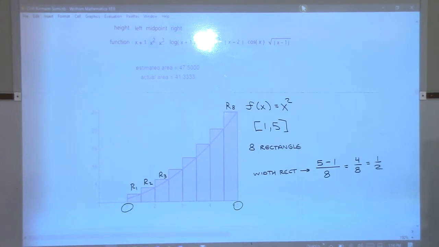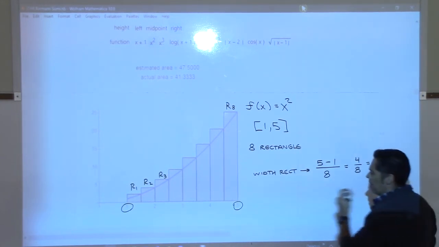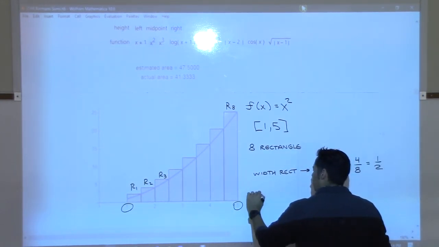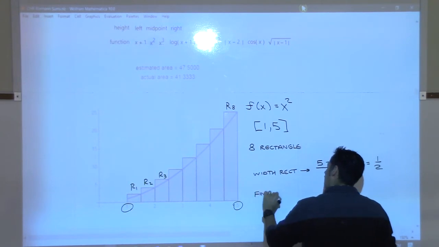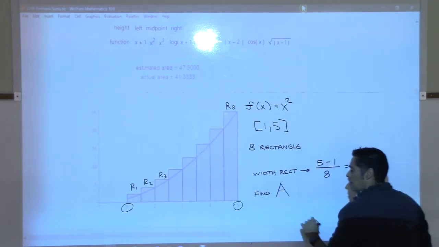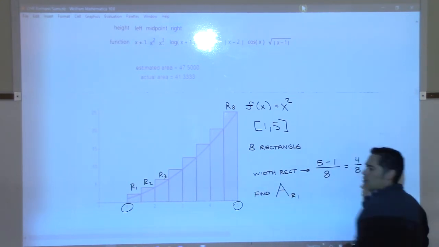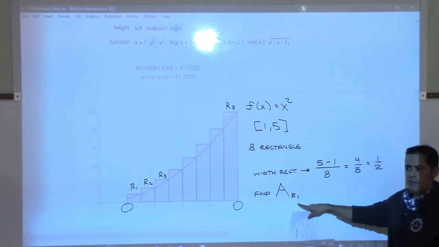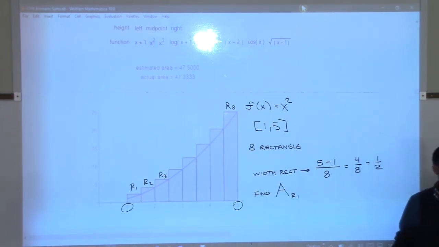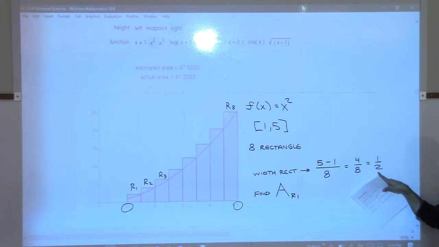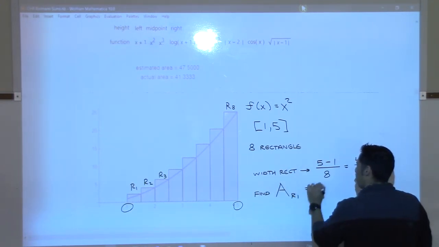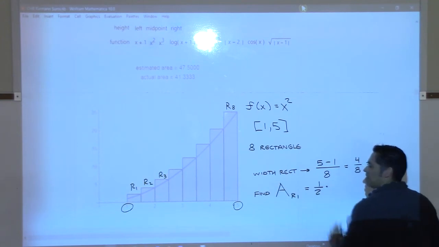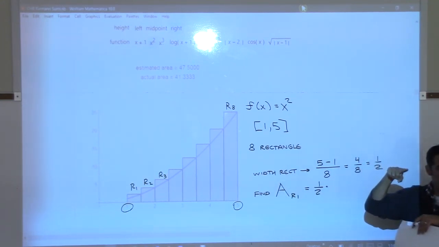Now, what if I wanted to find the area? Let's try and find the area, capital A, of the first rectangle. All right, so what do we already know? It's 1/2 wide, right? So I know that it's 1/2 times, now we need to know how tall it is, don't we?